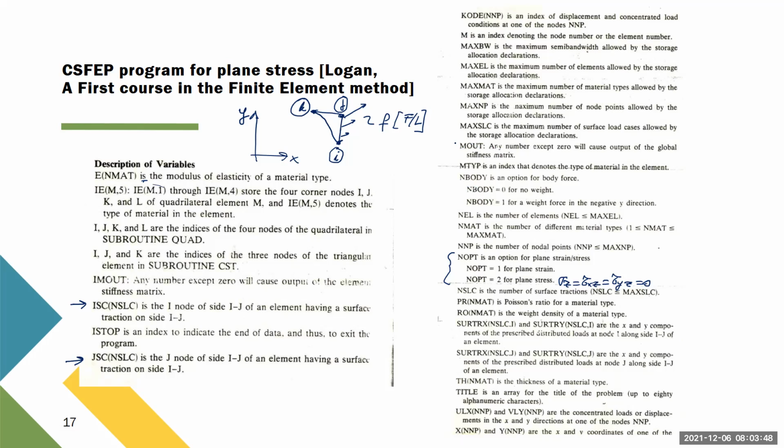Another comment. Here, M out. If you want, for some reason, to see what's in the global stiffness matrix, you can set this. If you put a 0, you will have no output. If you put any number different from 0, then the global stiffness matrix will be printed in the result file. If it is a small example, it makes sense.